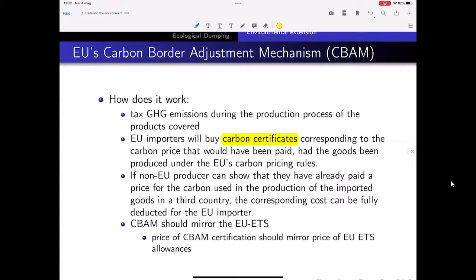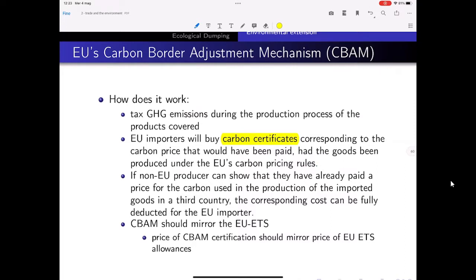And therefore, what the non-EU producers can show is that they already paid carbon taxes at home, and if they paid carbon taxes similar to the EU one, then they are exempted. So they have to buy certificates only if they are unable to show that they already paid the price for CO2 emissions at home. Is it clear? The EU would like to avoid double taxes.